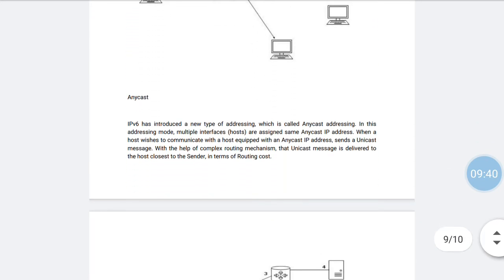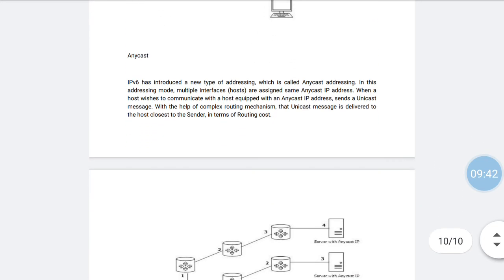Now it has Anycast. In Anycast addressing mode, this is the new type of addressing mode introduced in IPv6. In this addressing mode, multiple interfaces are assigned the same Anycast IP address.